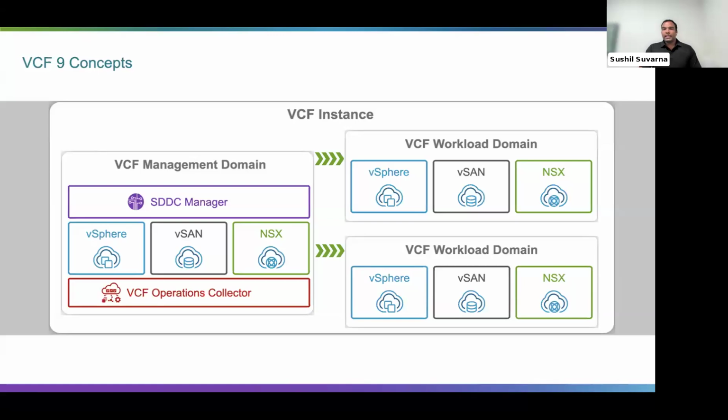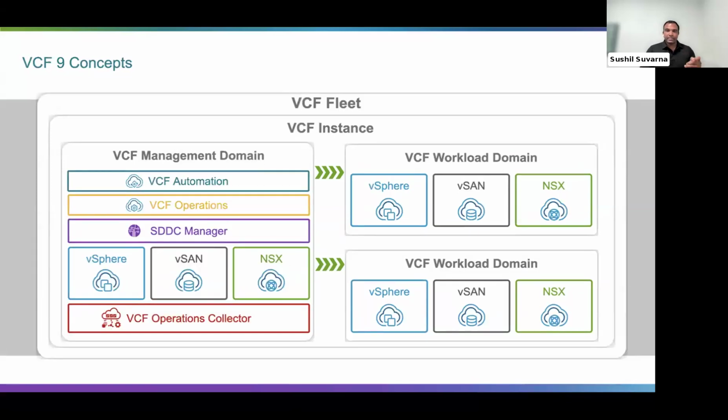What happens beyond that is we now have a notion of a VCF fleet. This is something new that we introduced in VCF 9, where you can have a lot of different infrastructure components that are carved across multiple instances, but you can have a single operations and a single automation that serves as your operate and manage layer and your consumption layer for your entire infrastructure.